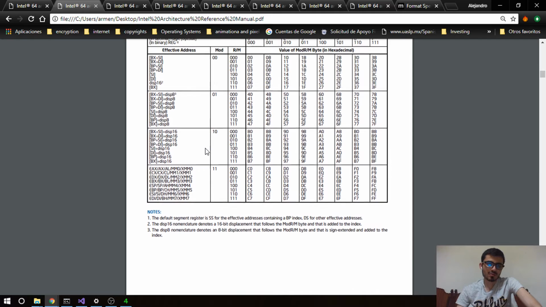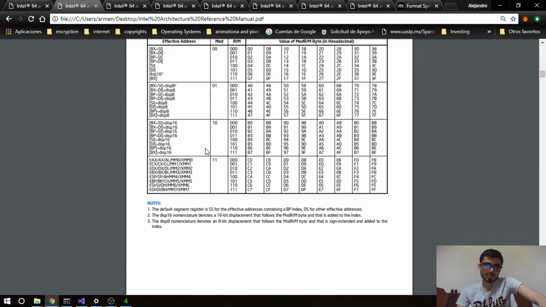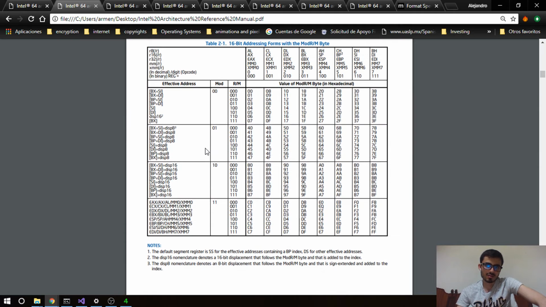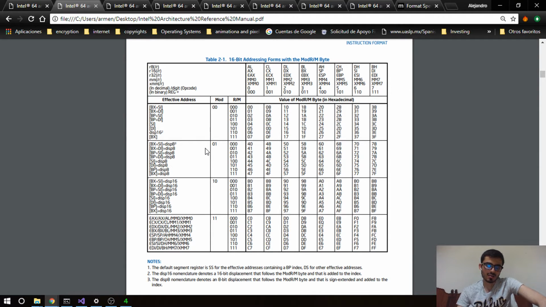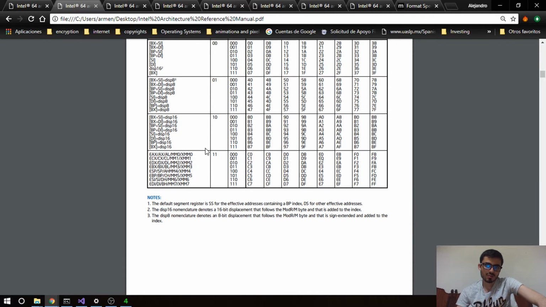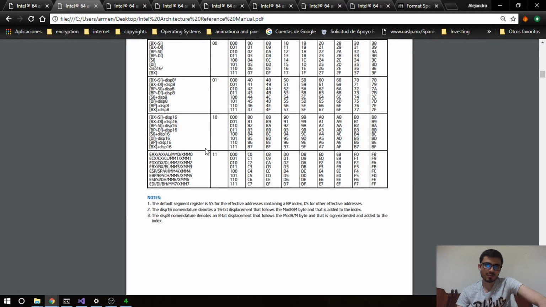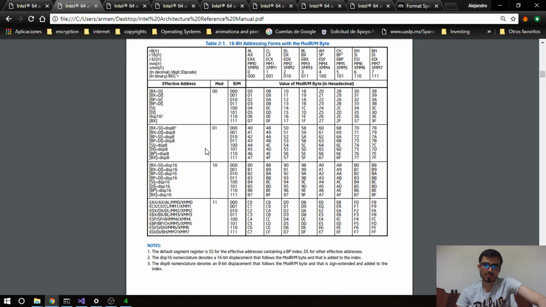or the registers themselves, which in this case is telling us that we are looking at the value. Okay, EAX, AX, MMX, default segment register, and for this one, where is it?